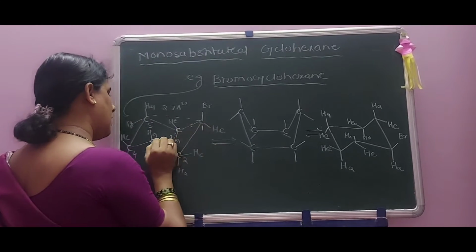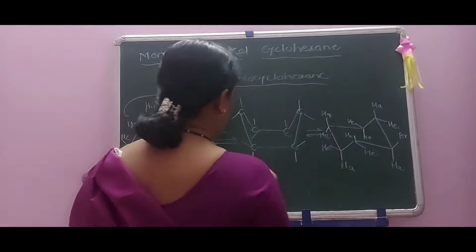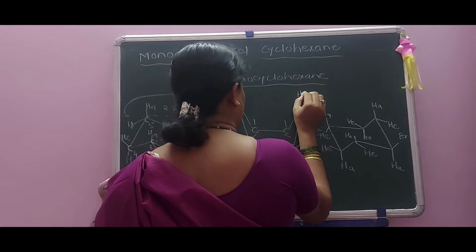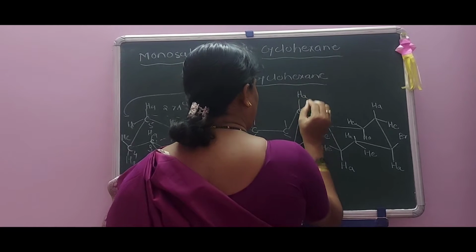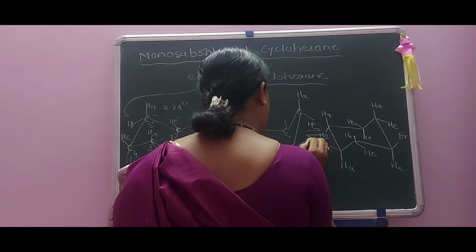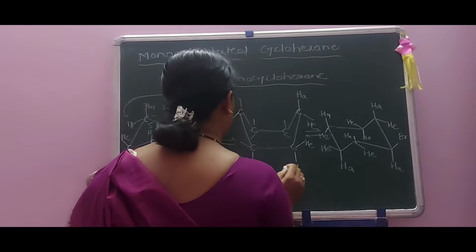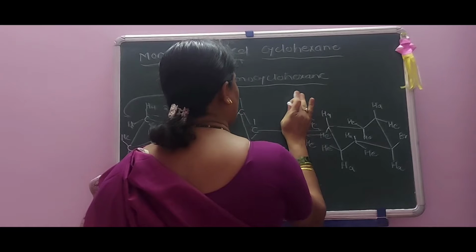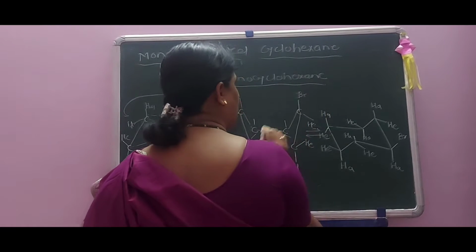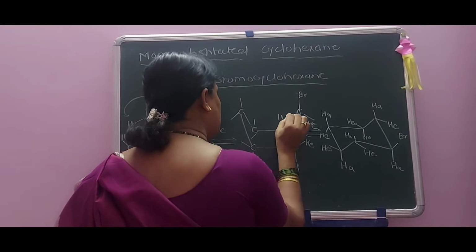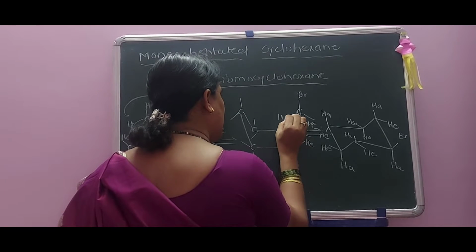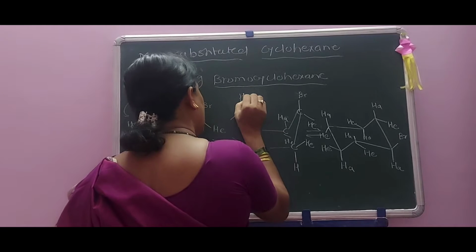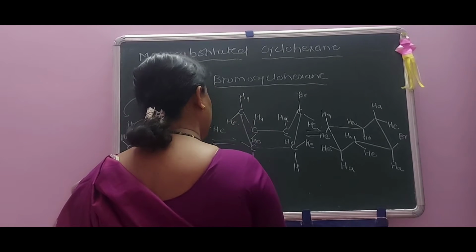These are the hydrogen atoms. Here also this is H. This is considered as Ha, He here, He, H. Here for this carbon atom, we can write it as bromo here. Here He, Ha, He, Ha, He here.